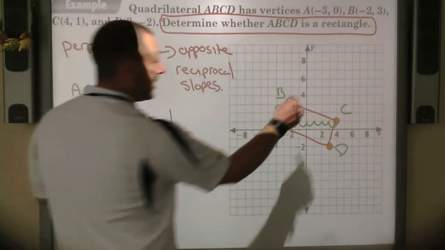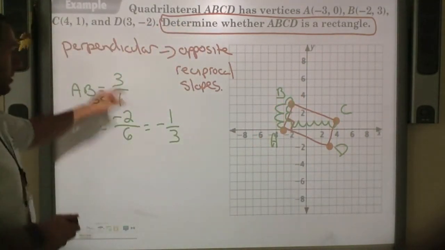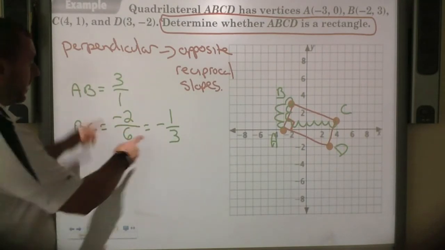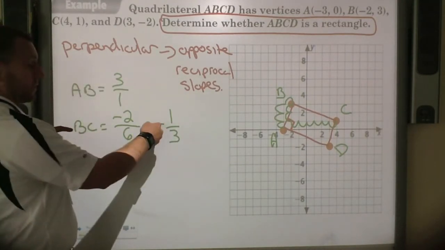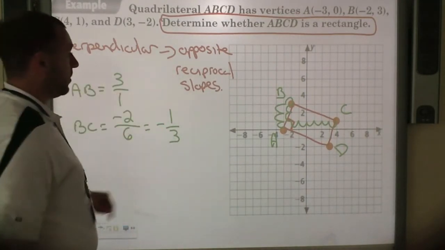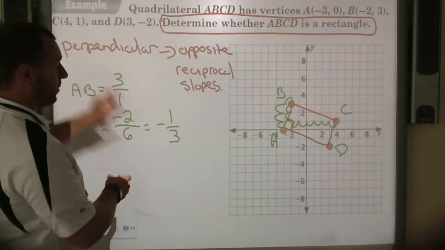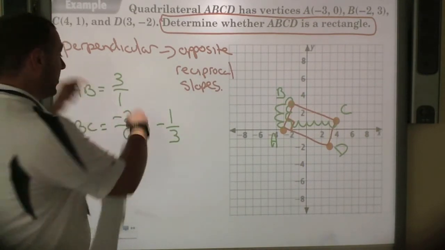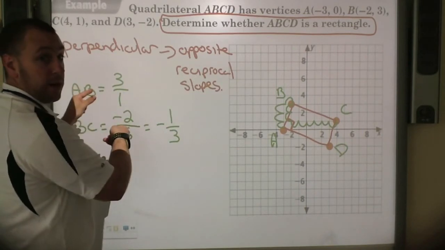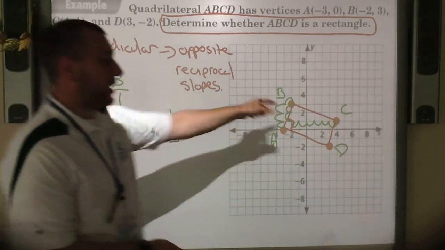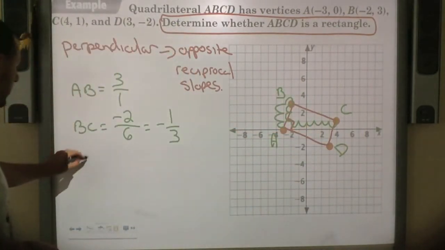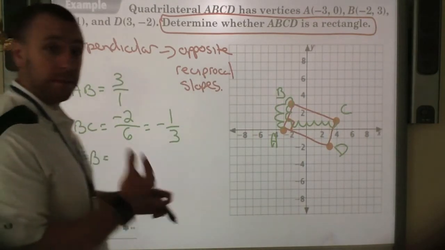So these two are opposite reciprocals. Opposite meaning this is positive, this is negative. Reciprocal meaning flipped. 3 over 1, 1 over 3. So those are opposite reciprocals. But I gotta check all of them. So then I just go around the figure.